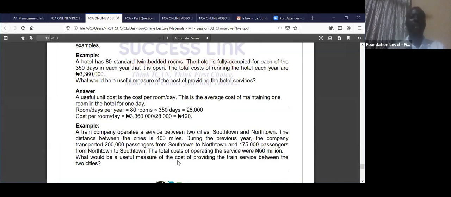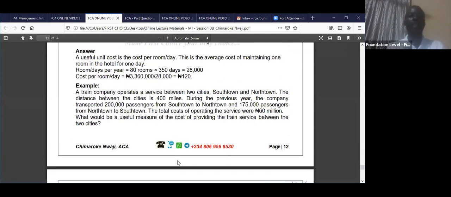Now look at another example here. A train company operates a service between two cities, South Town and North Town. The distance between the cities is 400 miles. During the previous year, the company transported 20,000 passengers.